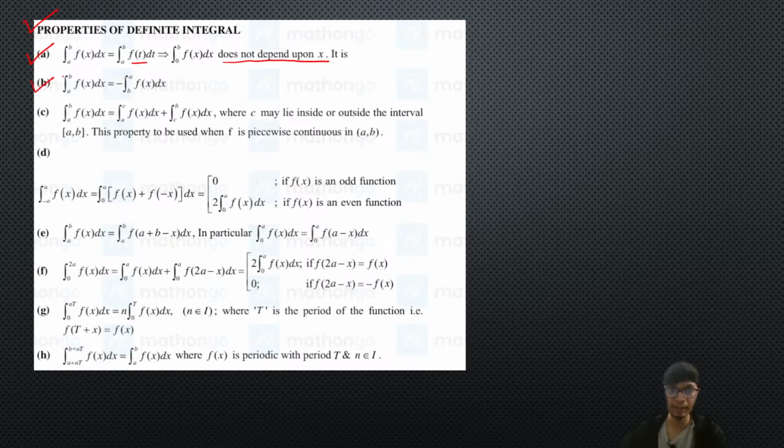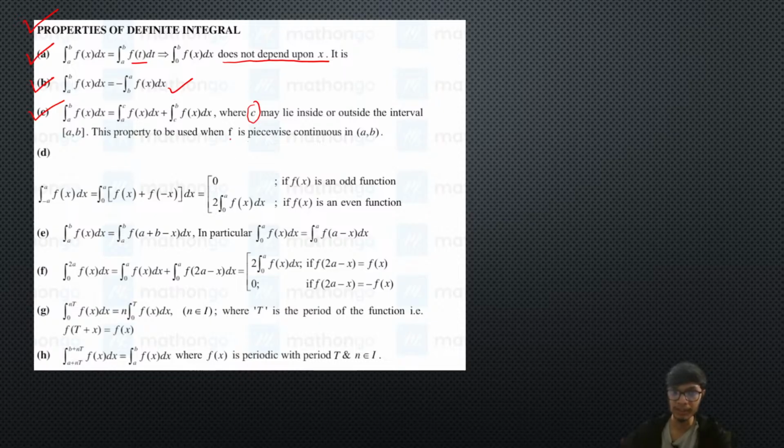Secondly, the integral from a to b of f of x dx is equal to minus the integral from b to a of f of x dx. After that, we have another important property where we can split the integral inside the domain. For example, if c lies inside the domain from a to b, and f is a piecewise continuous function, then we can split this definite integral into two parts, one from a to c and one from c to b.